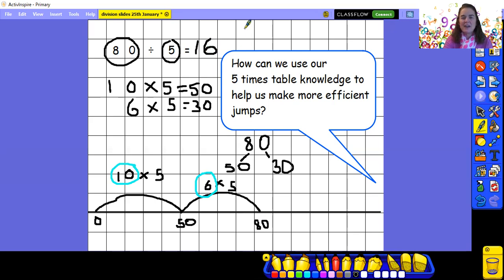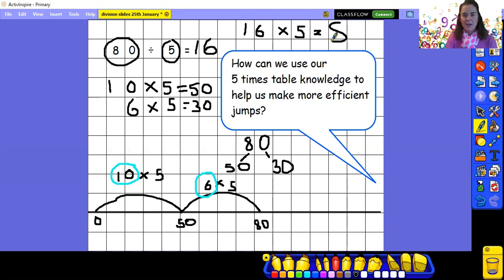And we can check our answer by working out, well, what is 16 times 5? Let's count in 5, 16 times. Use your fingers to help you check how many you're doing. So let's do it. 5, 10, 15, 20, 25, 30, 35, 40, 45, 50, 55, 60, 65, 70, 75, 80. So we got to 80.